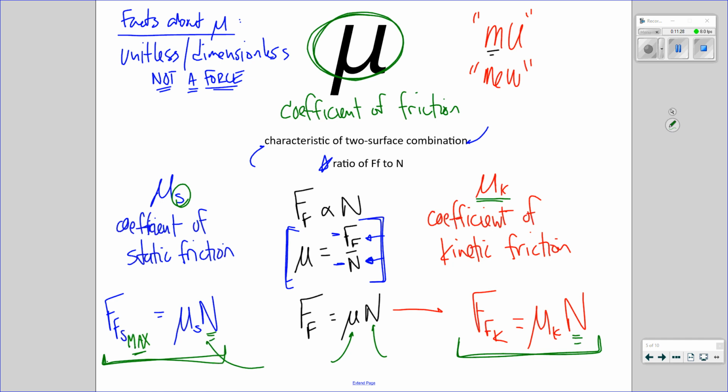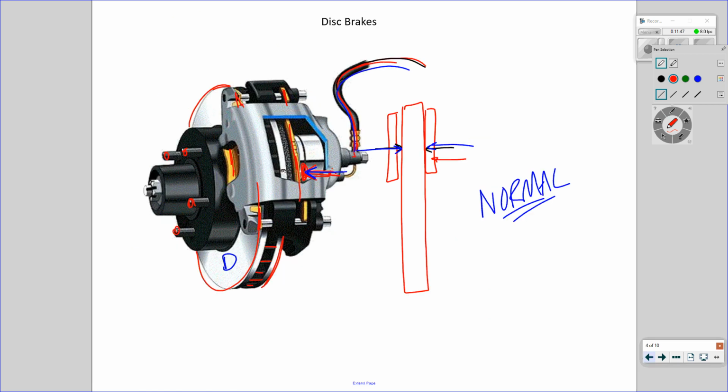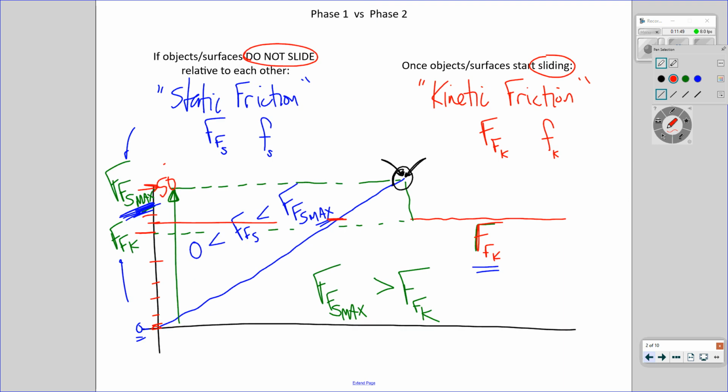And what that means is that mu static is always bigger than mu kinetic. This is true physics. It always takes more force to get something moving than it does to keep it moving.